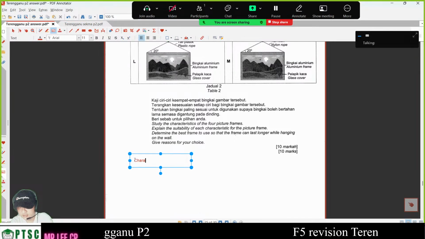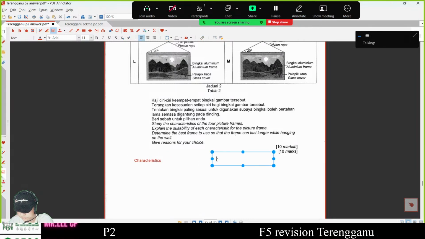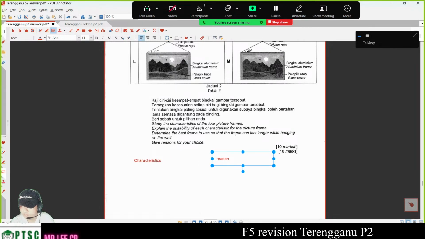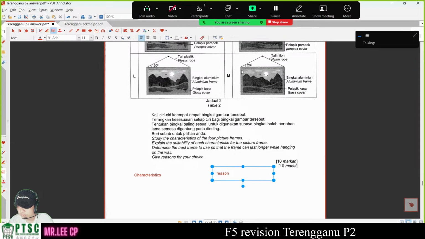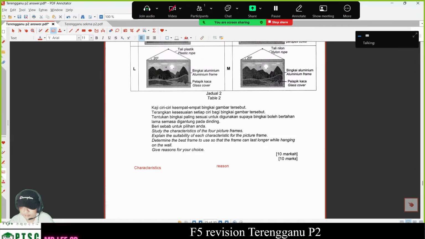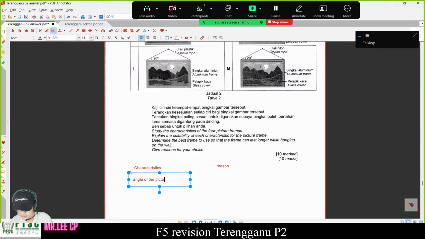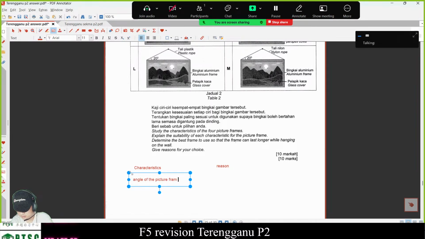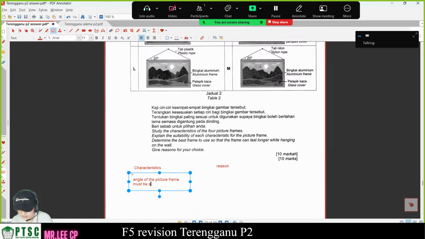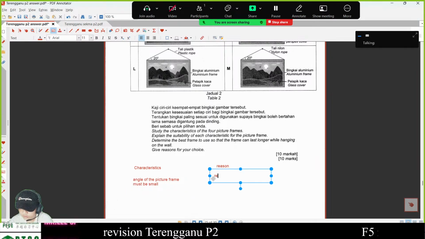Characteristic. So I'm going to write this one. The anchor of the frame must be smaller. Why?